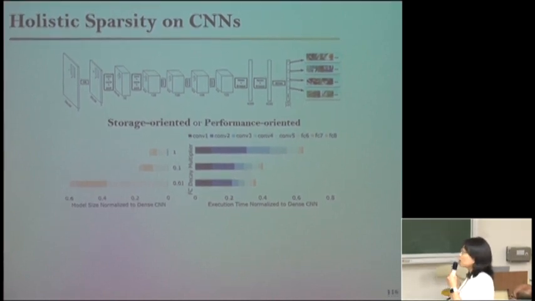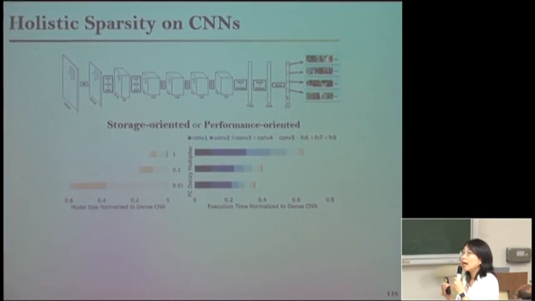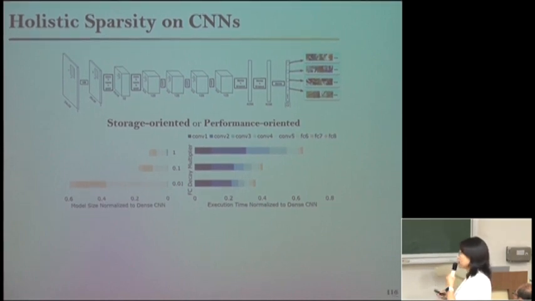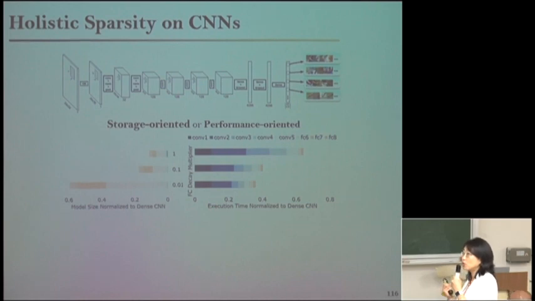Okay, so if your design is memory bounded, you will have to cut down the size of the parameters, and then you have to try to have a further sparsification on your fully connected layers, like this one does. Well, the convolution layers are more related to the computation resources.